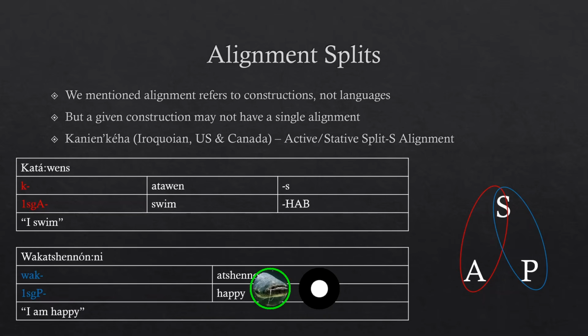Generally active verbs take one and stative verbs take the other, where stative verbs refer to states. But there's some other languages with different kinds of split S alignments. There's some languages where you can just use either one on any verb, and that's fine. But in Ganyikeha, each verb will have a type of S marking that you have to use.